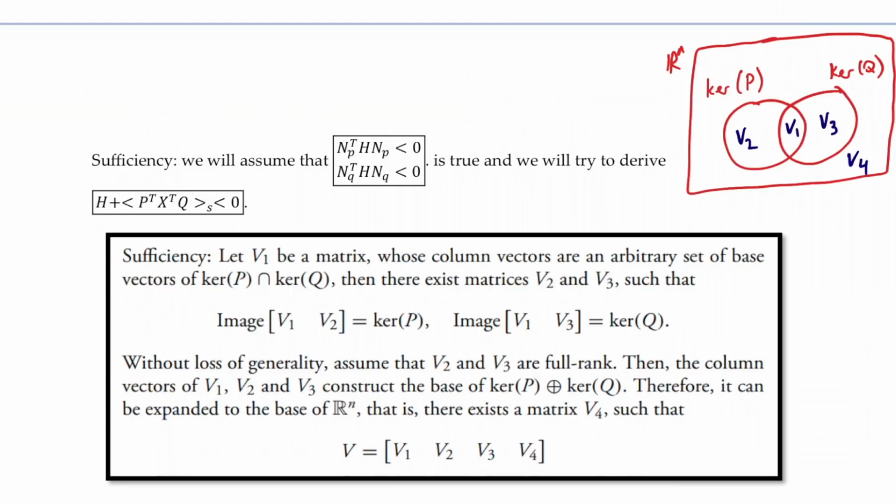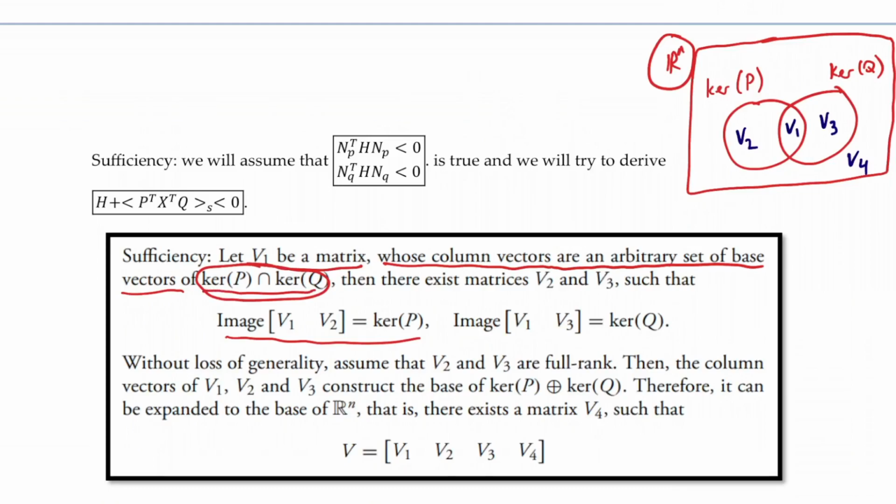So, okay, let's consider Rn space, right? By looking at this expression, the first sentence states that V1 is a matrix whose column vectors are an arbitrary set of base vectors of the intersection of kernel P and kernel Q. So what does it mean?